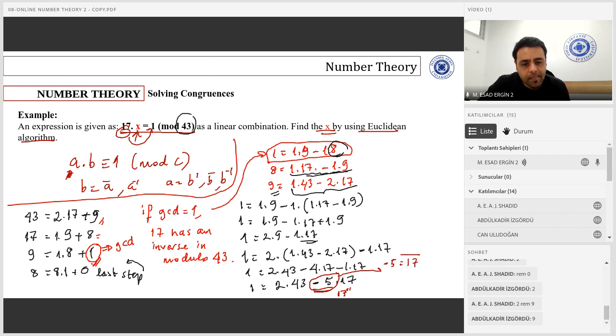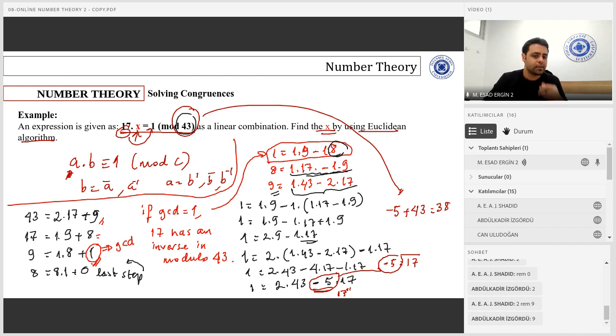But we do not use negative numbers in modular arithmetic. That's why we have to add minus 5 to the modulo itself, 43. So it equals 38, right? So if I multiply 38 by 17, the remainder will be 1 in modulo 43.